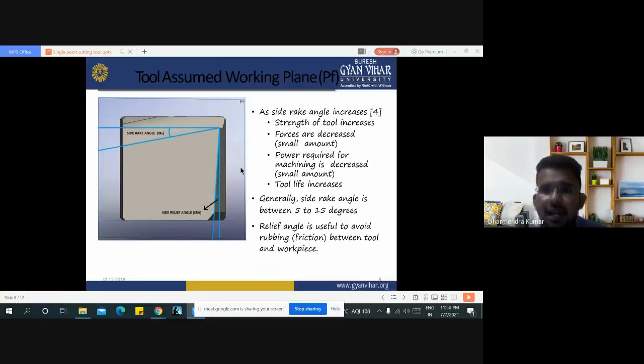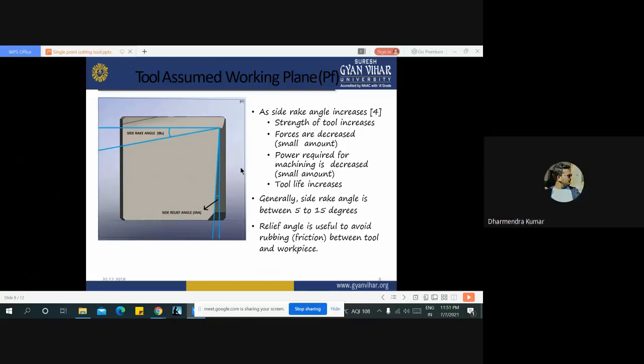Generally, the side rake angle is between 5 to 15 degrees. This increases the overall life of the single point cutting tool. Here the relief angle is useful to avoid rubbing or friction between the tool and the workpiece.